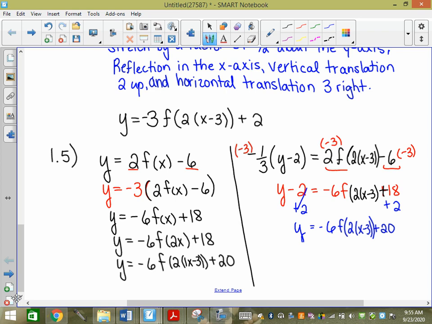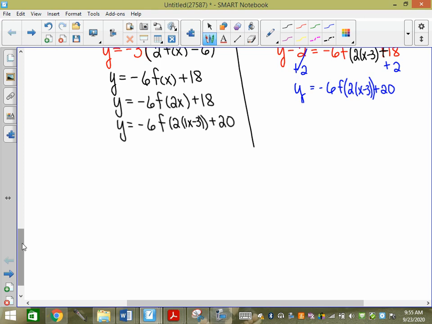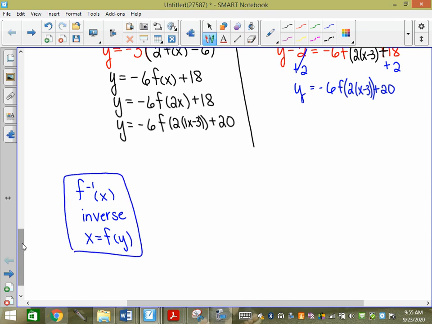Your homework is going to be to start working on your hand-in. So in your hand-in, paying attention, you're going to have inverses, which we're doing tomorrow. So if you see anything with f negative 1x, or anything with the word inverse in it, or anything with x equals f of y, don't do it.